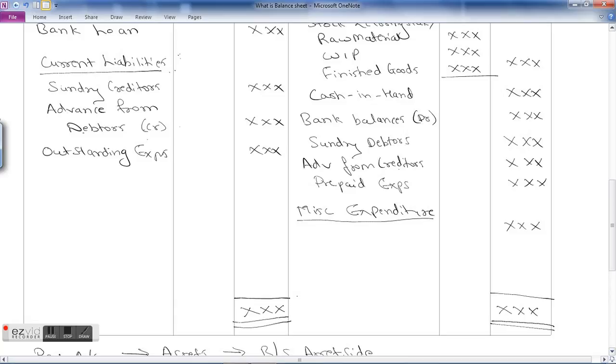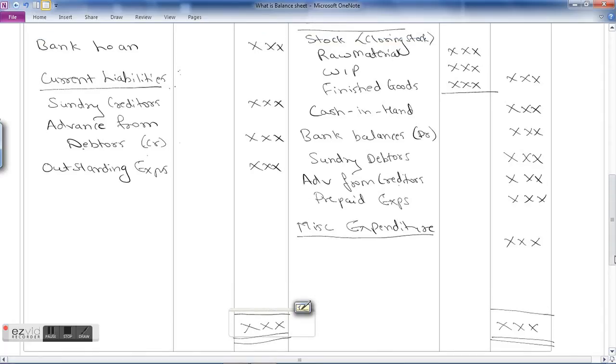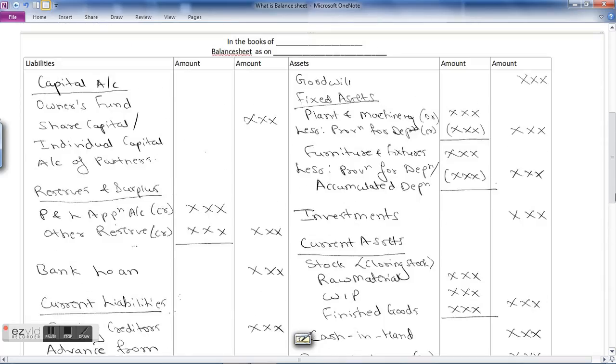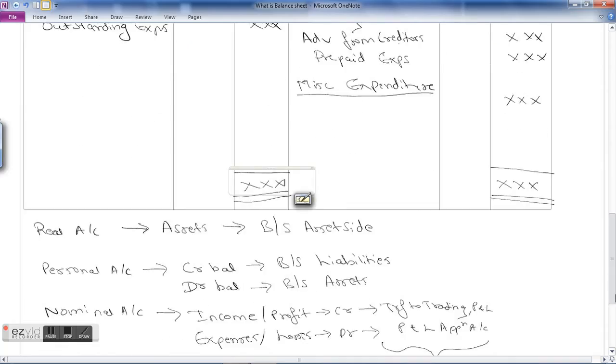If total assets are equal to the total liabilities, this is one of the confirmations that all your final accounts may be correct. But if total assets don't match your total liabilities, then there may be some error either in your trading P&L or even in your balance sheet.